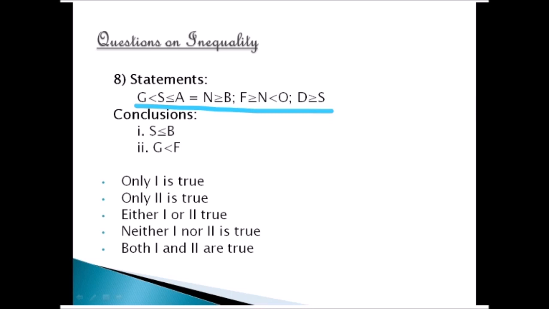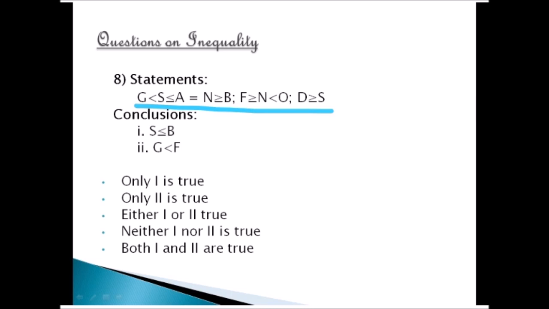My starting point is B and my destination is S. In the statement there are two values indicated as S, so I have to check both the values.